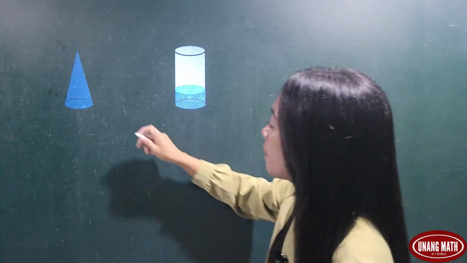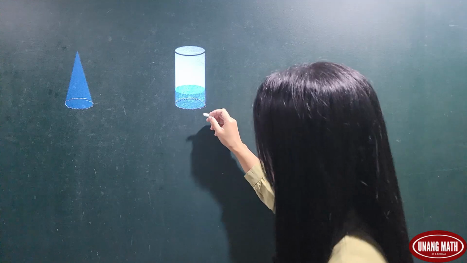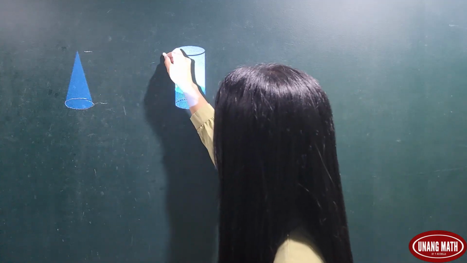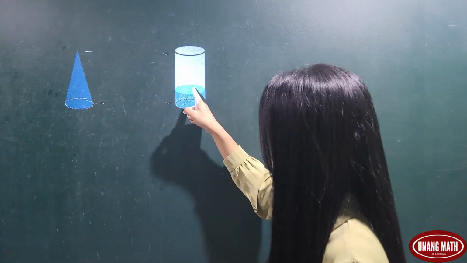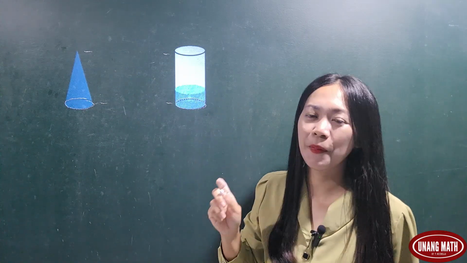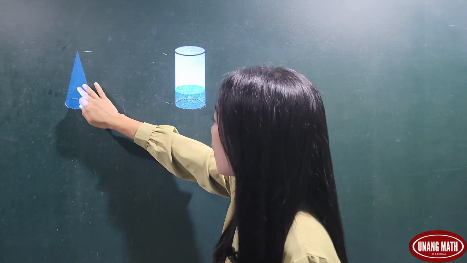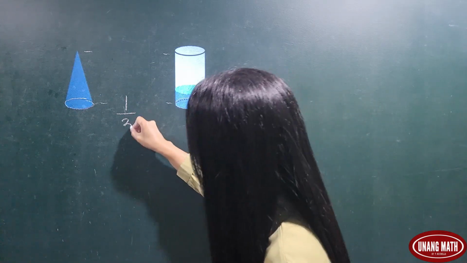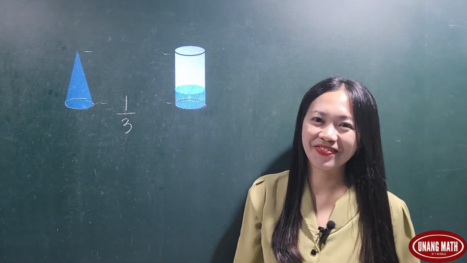But take note, the base of this cone and the base of the cylinder are congruent. Heights are equal. So when this water is poured in this cylinder, it appeared that the volume of this cone is 1/3 the volume of this cylinder.